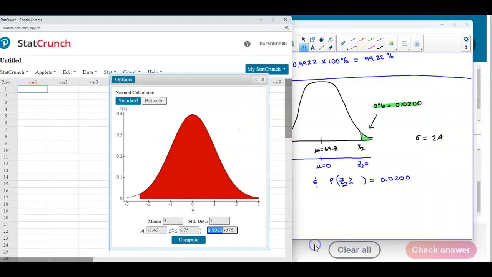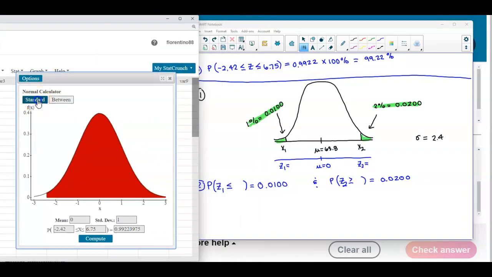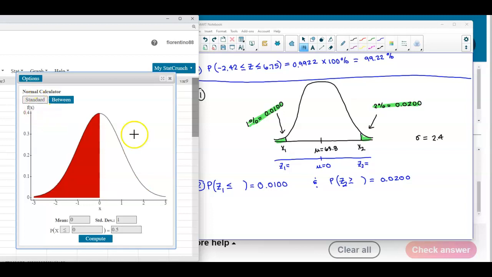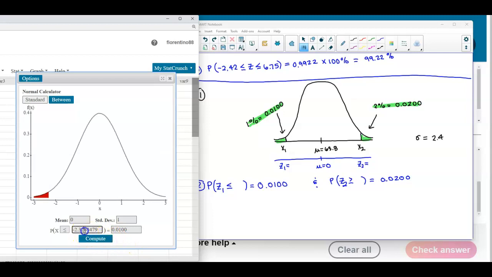So let's open up StatCrunch. We go to the standard normal calculator, where it says less than or equal to, we have 0, 1, and then we put the area in because we're looking for the z-score. So it's going to be 0.0100, and then press compute. You can see here, if we round that to 2 decimal places, we get negative 2.33.